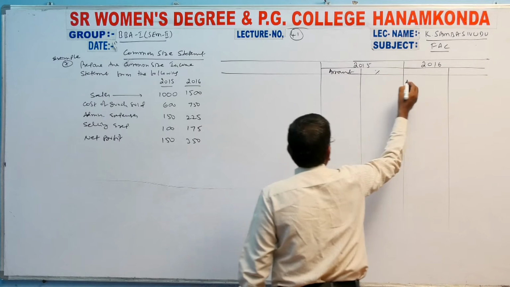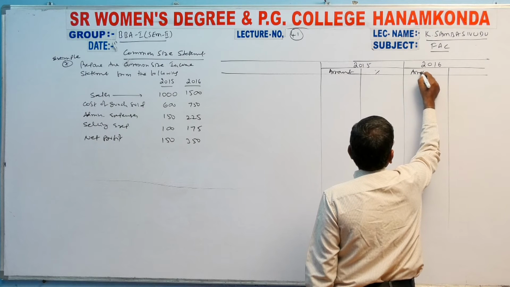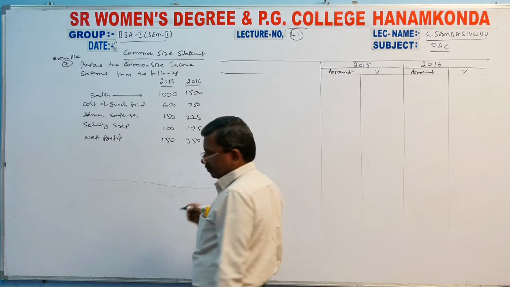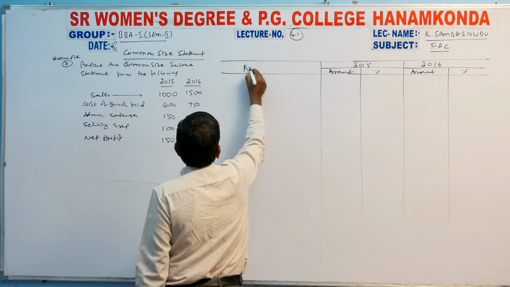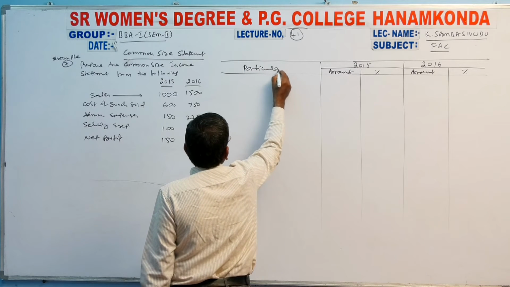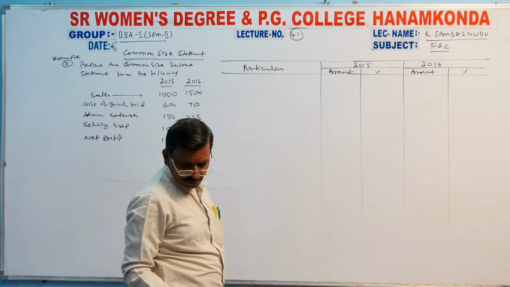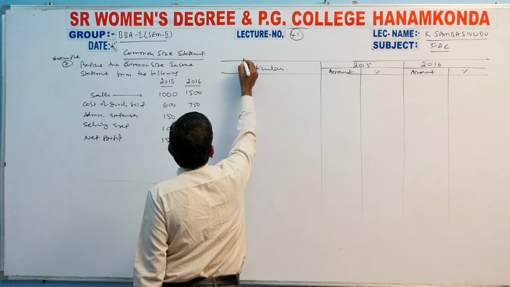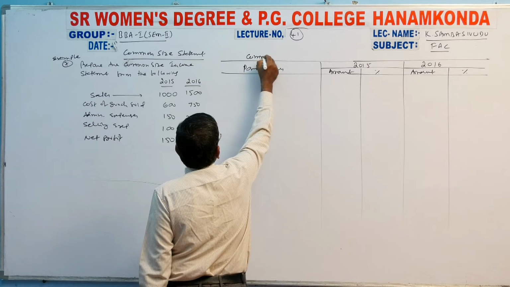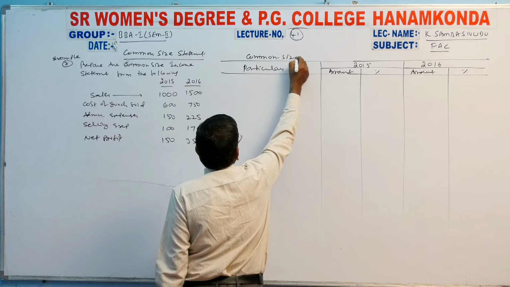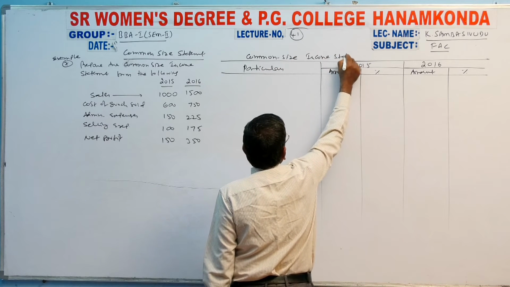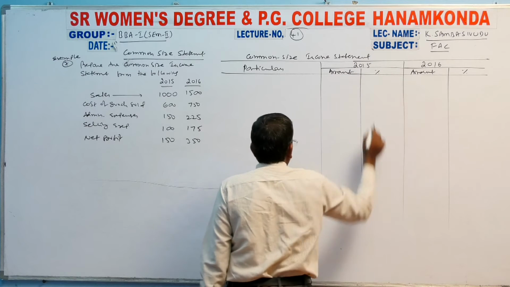Amount in percentage. Particulars. Common size income statement.